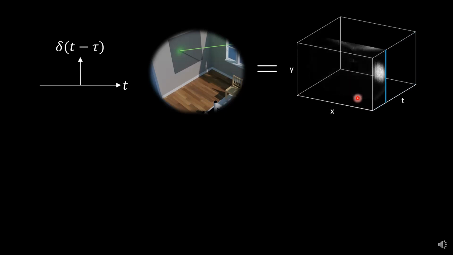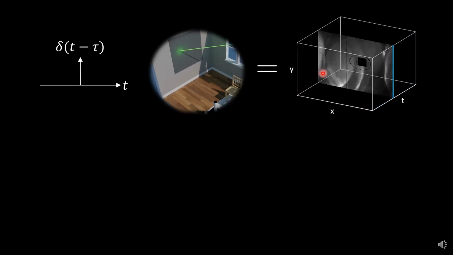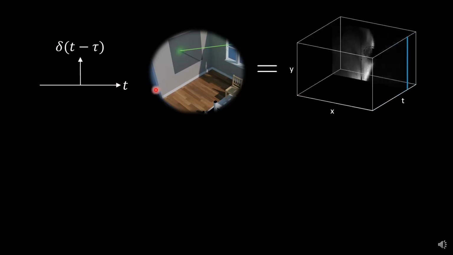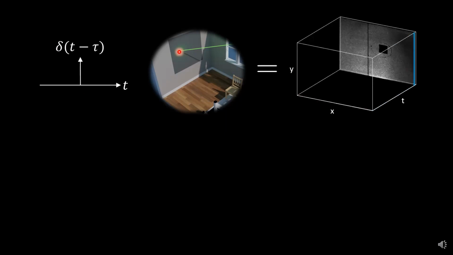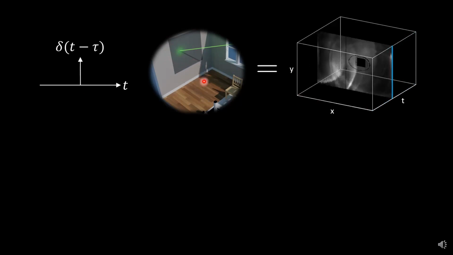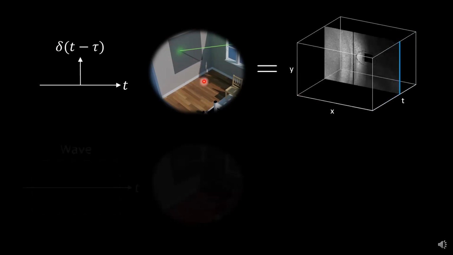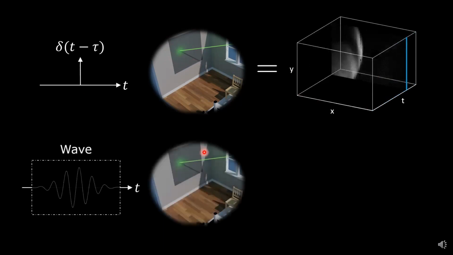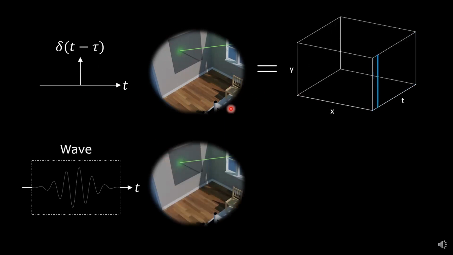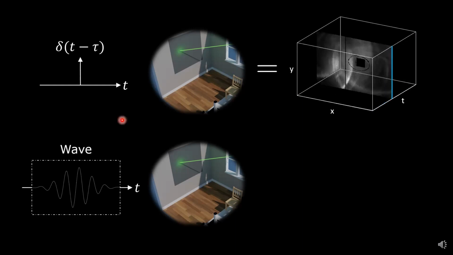Now, one way to interpret this information is that this is like an impulse response of the scene. So if we excite with an impulse from a location, and we look at what comes out of the scene as a response to this impulse, now you can use a little bit of signal processing, and you know that if you have an impulse response of a linear system like the scene, you can use that to compute the output of the scene to any input.